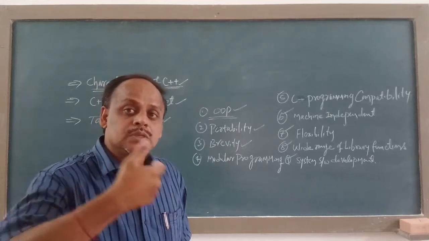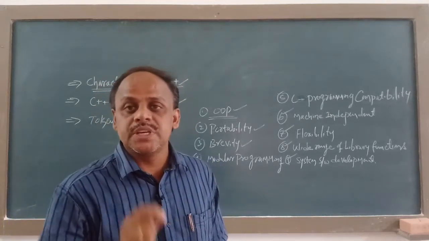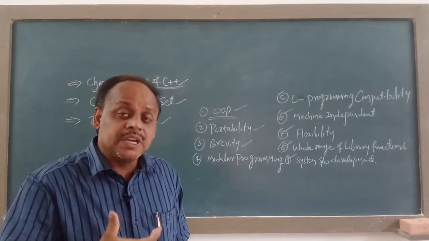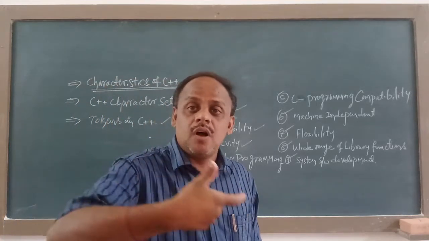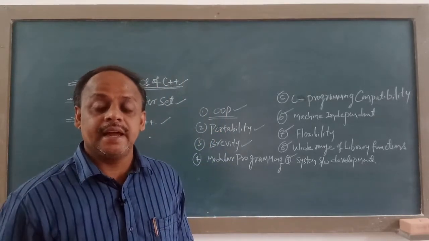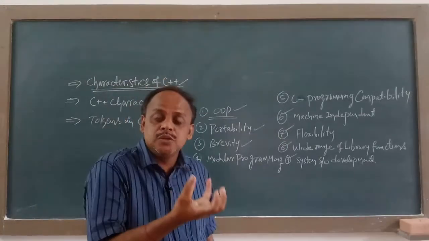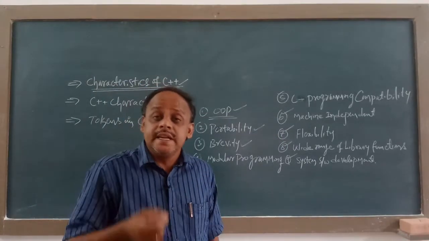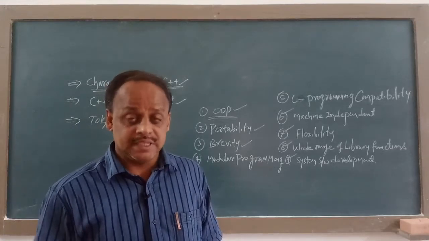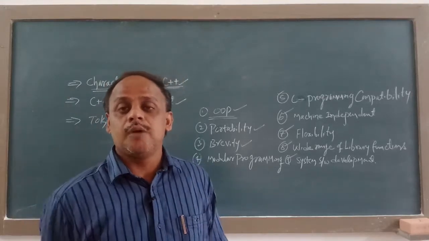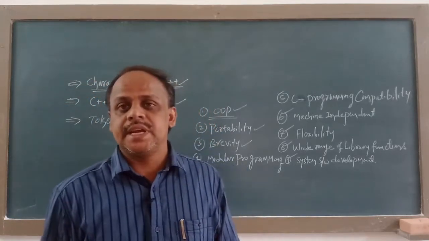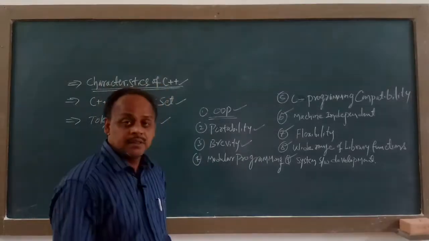Whenever we use the OOP technique, meaning object oriented programming technique, we are going to give emphasis to objects rather than data. It means it is going to give more preference to objects, right?